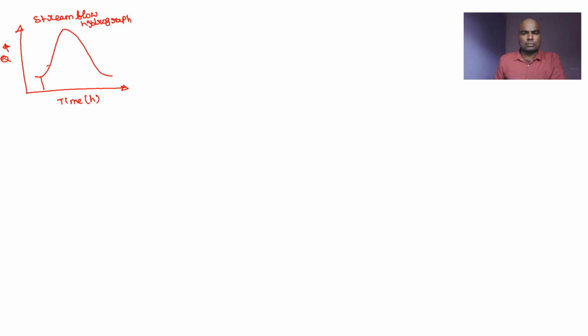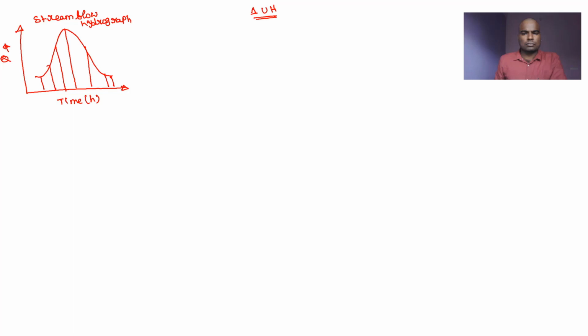All these ordinates they have given. From this they have asked to calculate 1 hour unit hydrograph. So to calculate this 1 hour unit hydrograph, we have to follow some steps. This question we will solve by using the S-curve method. I'll tell you how we can solve graphically first.